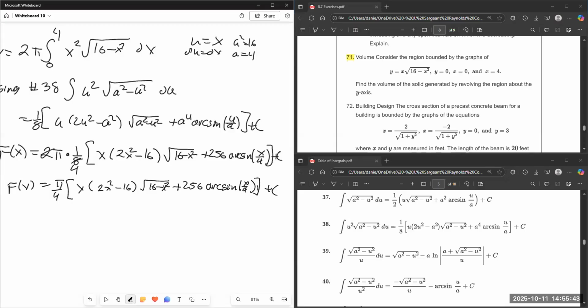So let's find now F of 4 minus F of 0, which is going to be pi over 4 times 4 times 32 minus 16 root 0.